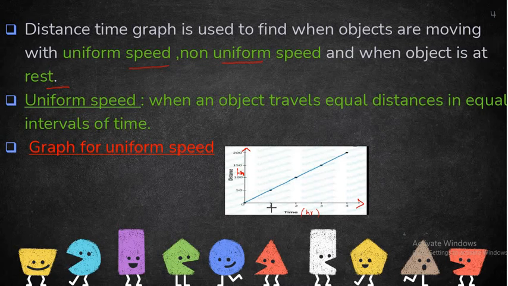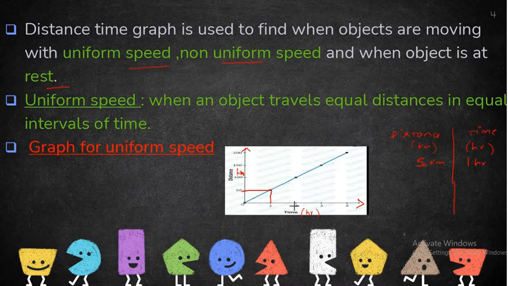Why? If I take this point, 1 hour, what will be the speed here? I will write here 2 columns, one for distance and one for time. Distance I will take in terms of kilometer and time in terms of hour. So for 1 hour, it is covering 50 kilometers of distance.